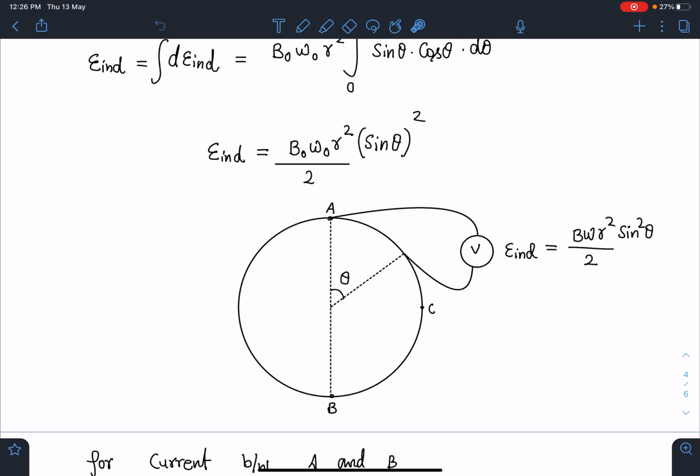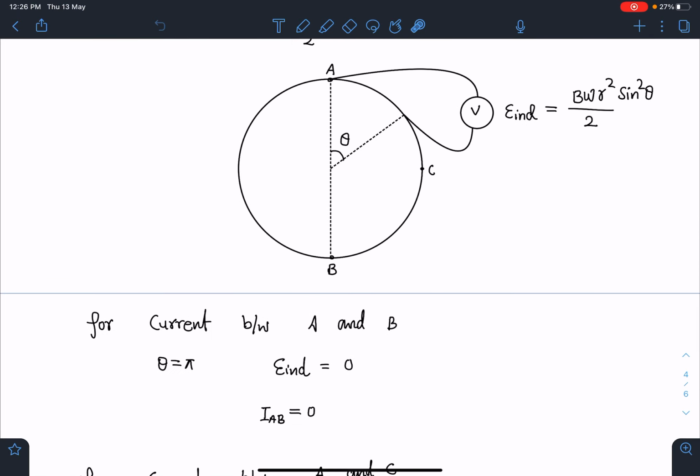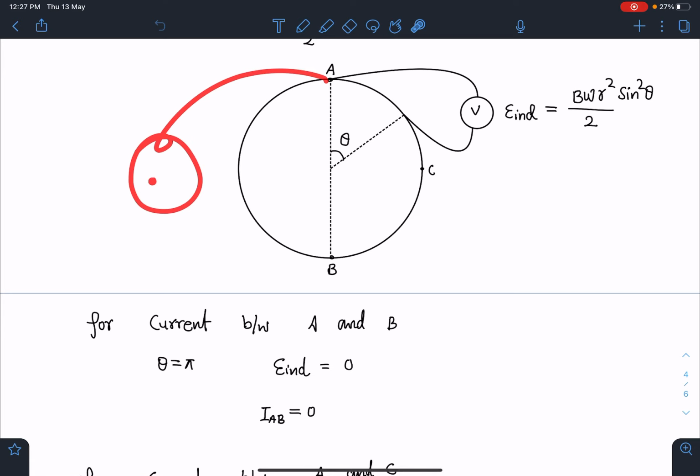So in order to find the current between A and B, since the resistance of that meter is R, simply I can write induced EMF divided by R, that is going to be the value of current. But here for A and B, this theta takes the value of pi, so there is no current going to be generated if you connect this ammeter across these 2 points.